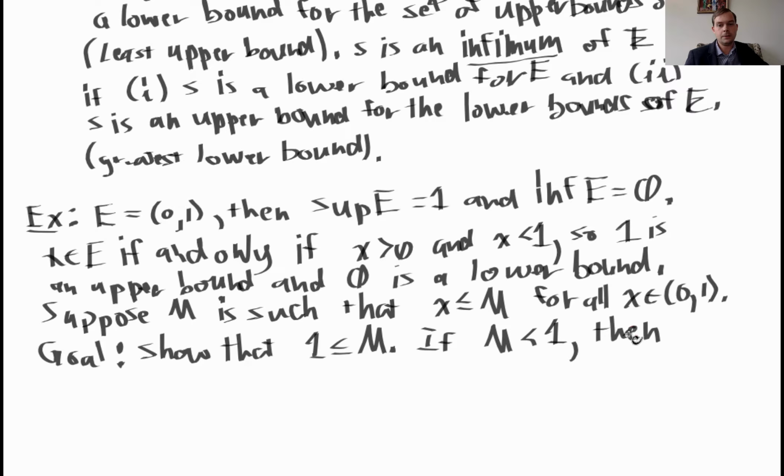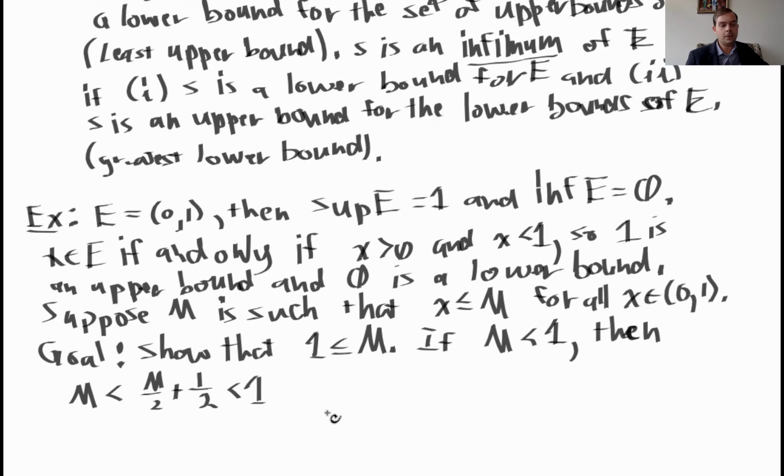In particular, we can take the midpoint. So we'll have that m is less than m over 2 plus 1 over 2. That comes by splitting up m into m over 2 plus m over 2 and then applying this. And then we'll also have that this is strictly less than 1.